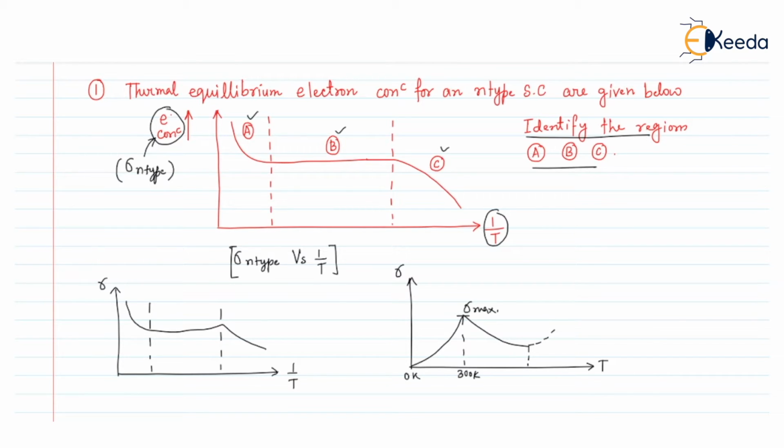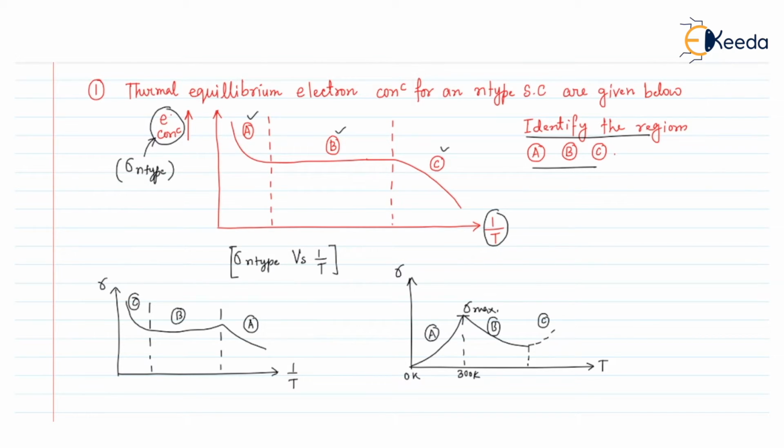In this graph, if I denote this region as A, this region as B, and this region as C, then we can write this is the A region, because it has been taken as a reciprocal. This will be the B region, and this will be the C region.